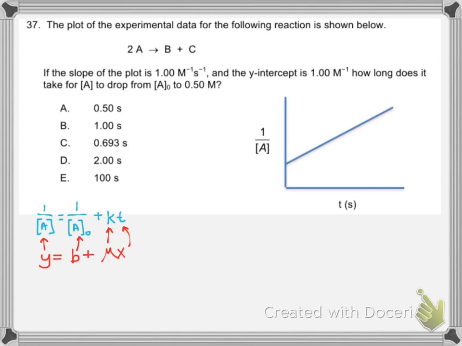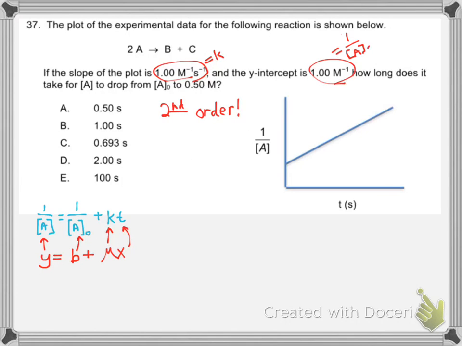So, some important information we can draw out of this, first of all, is that it is indeed second order. That's going to be important. Next, we can say the slope is equal to k, our rate constant, and the y-intercept is equal to 1 divided by A sub 0.